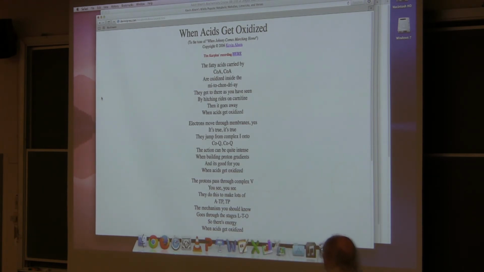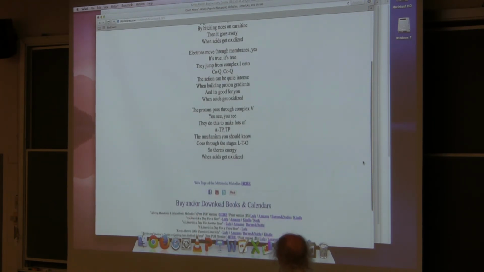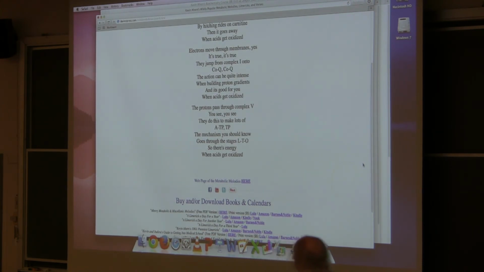The action can be quite intense when building proton gradients, and it's good for you when acids get oxidized. The protons pass through complex V, you see. They do this to make lots of ATP. The mechanism, you should know, goes through the stages LTO. So there's energy when acids get oxidized.